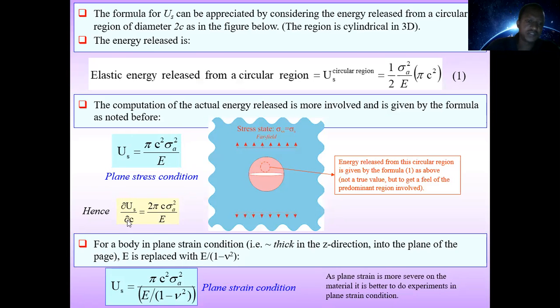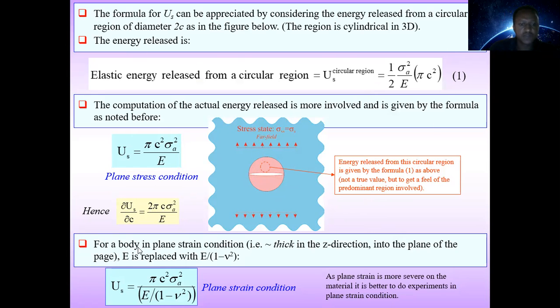Hence, dUs over dc is equal to 2 pi c sigma A square over E. So here, the energy release from the circular region is given by the formula above.